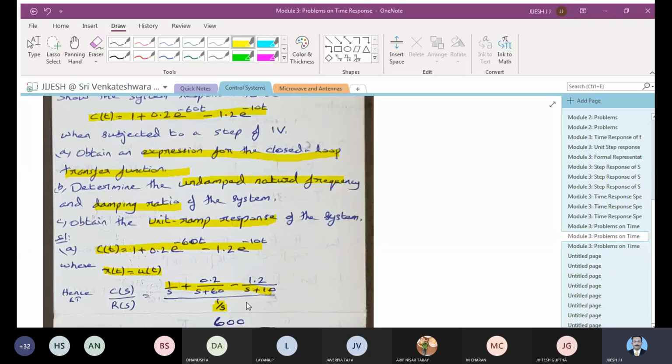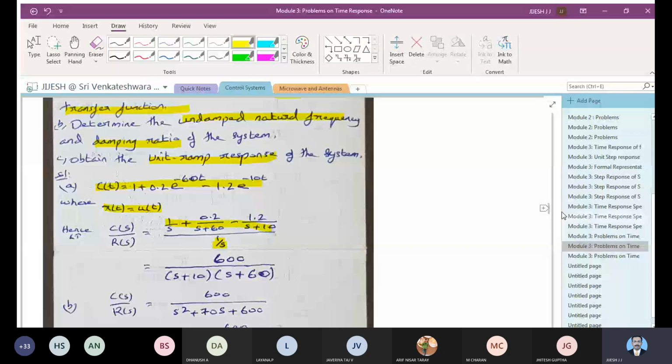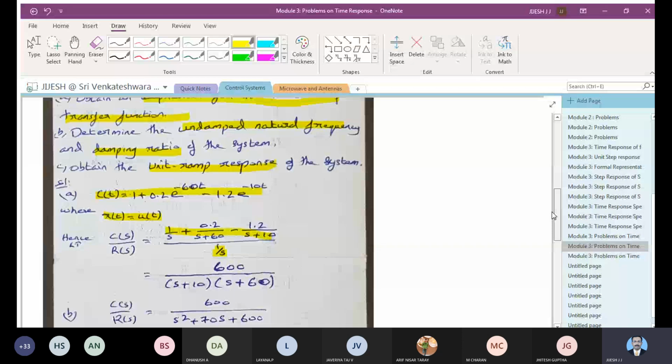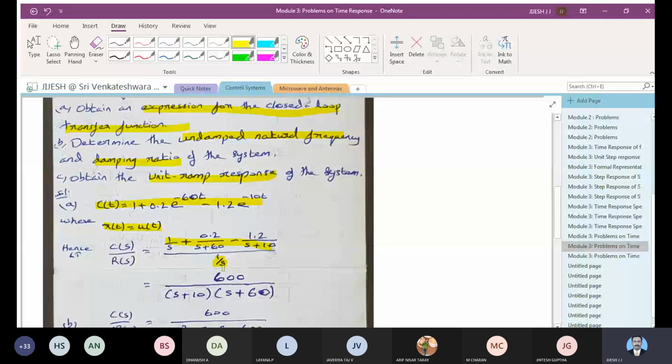Now what has to be done further? We are just making it in the form of the equation, simplifying it further. For C(s)/R(s), I took all the denominators together, did the whole process, and brought this equation into this form.